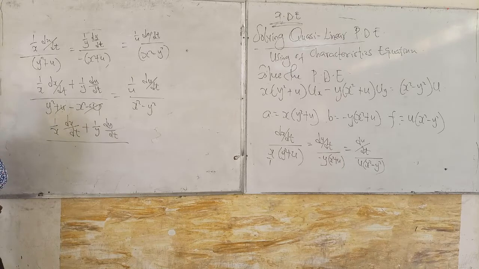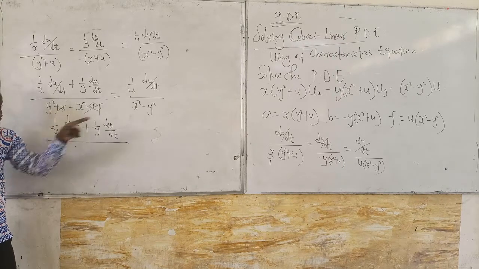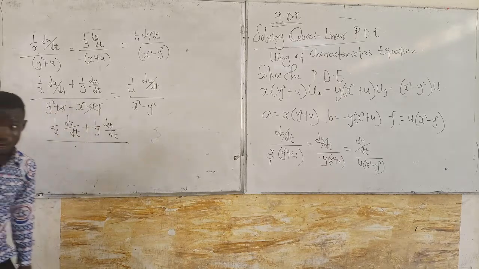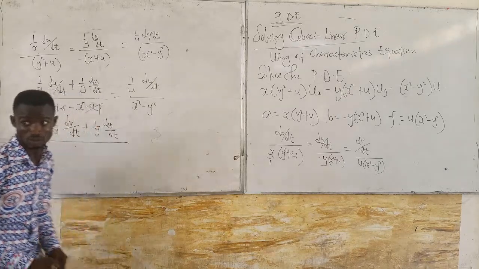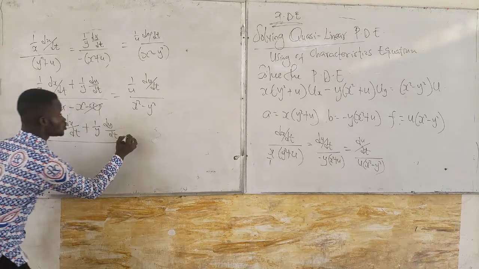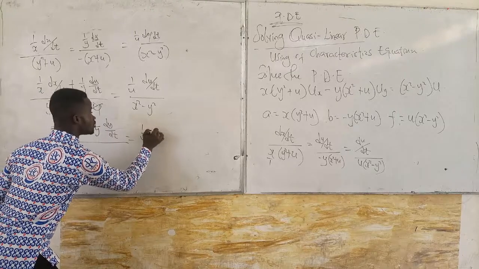But what do we have here? We have to manipulate so that we get the same as this. And when it happens like that, we can cancel it out, having the same denominator.